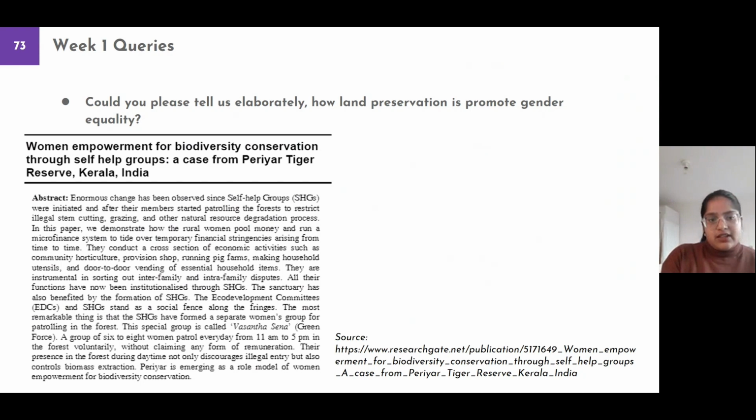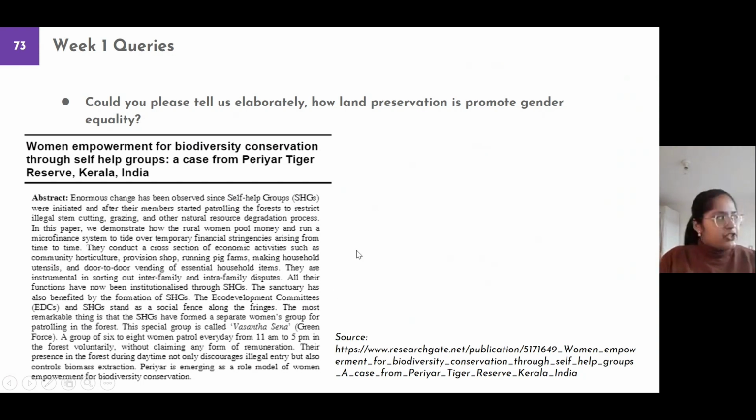We see how self-help groups, which are basically groups of local women, come together and started patrolling the forest to restrict the illegal stem cutting, grazing, and other natural resource degradation processes. And they patrol the area from 11 a.m. to 5 p.m.